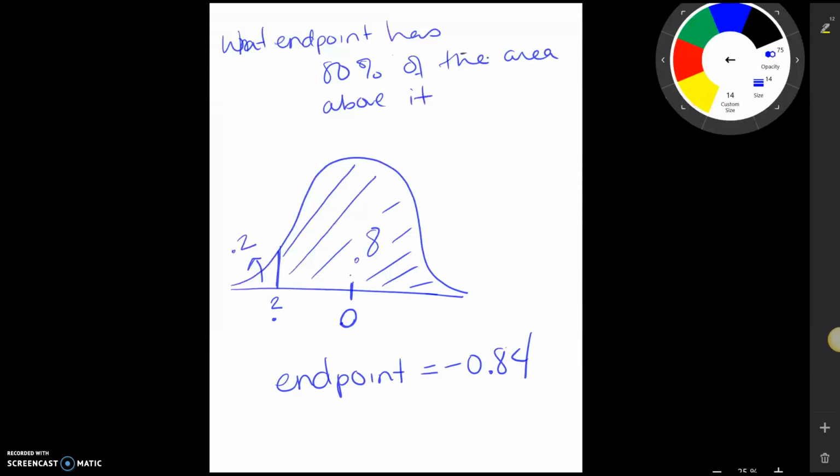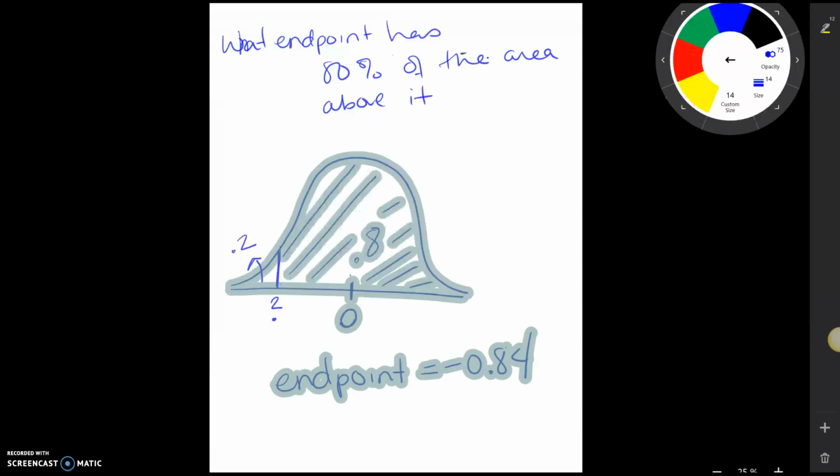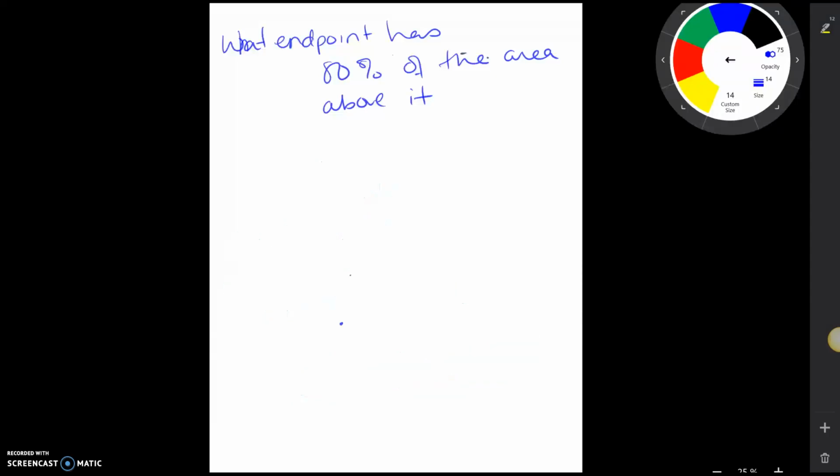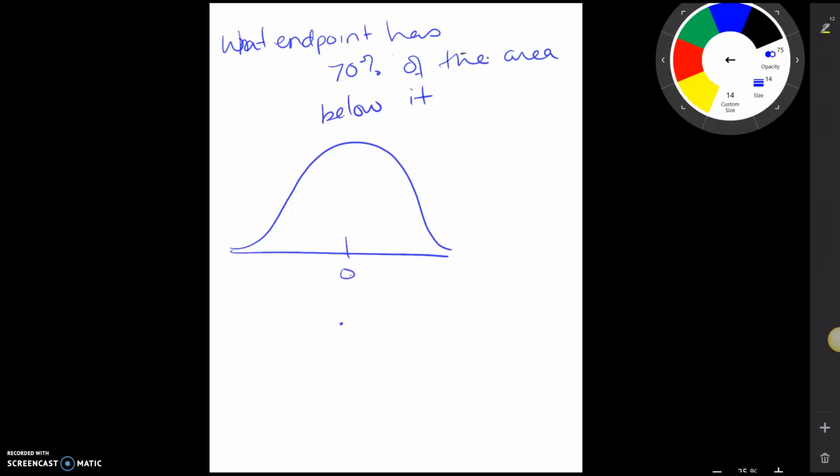So let's look at one more problem. Let's do another one of these endpoint problems. Now let's say, what endpoint has 70% of the area below it? Again, we're going to draw our curve. It's centered at 0, but now we want 70% of the area below it.